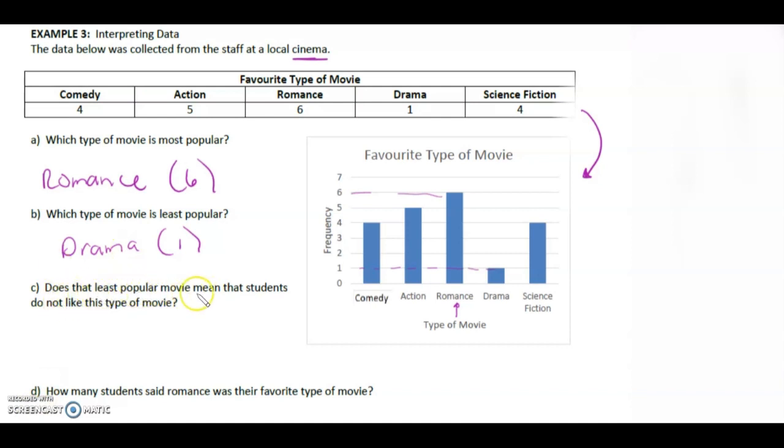Does the least popular movie mean that students do not like this type of movie? No, not necessarily. Okay, the students, or I should say staff, we'll change this to staff. The staff voted on their favorite.